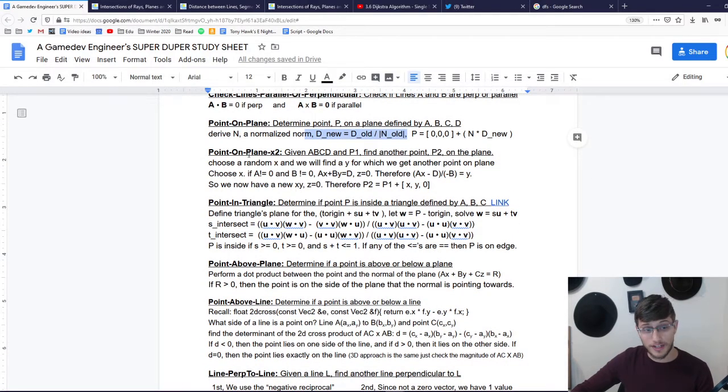Okay, from that point, to get a second point on the plane, I would say it's more complicated because you're going to have to choose an x and confirm that for a given a it's not equal to 0, or for a given b it's not equal to 0. Then you can perform a simple calculation where you assume that z is 0.